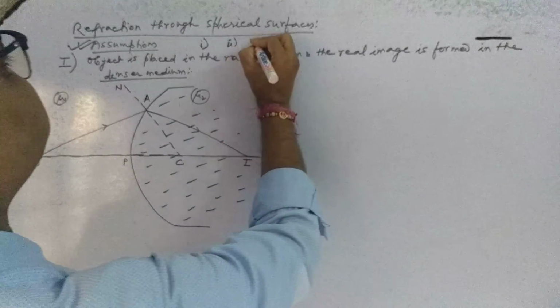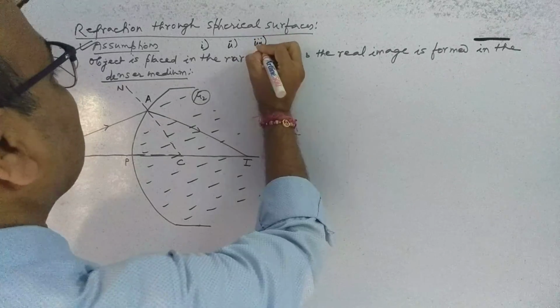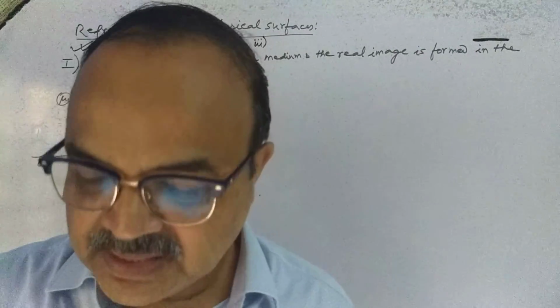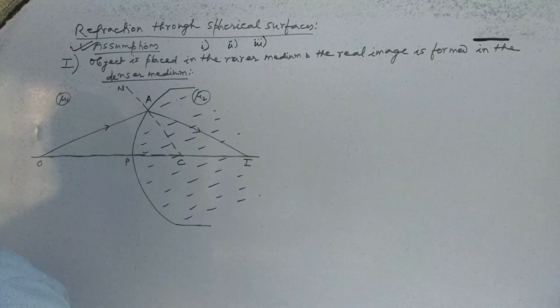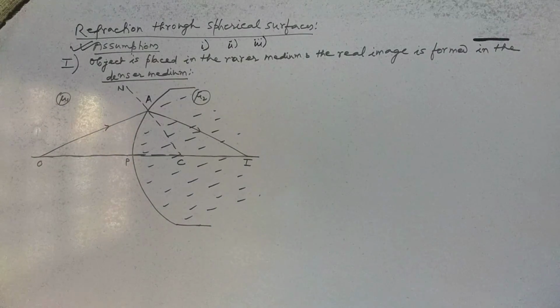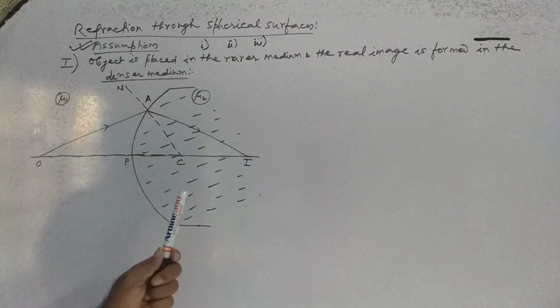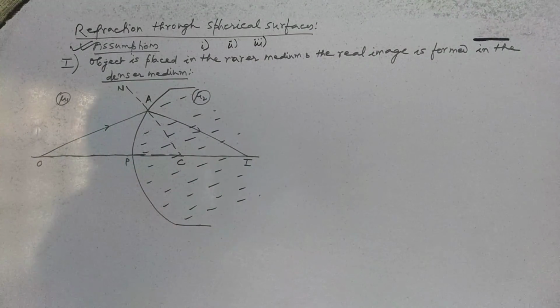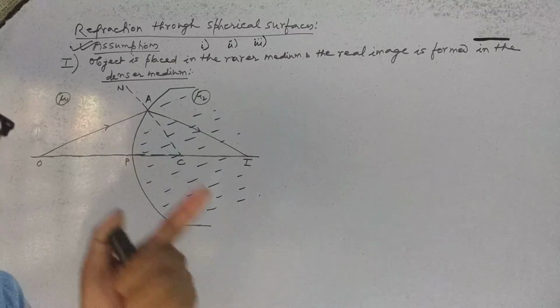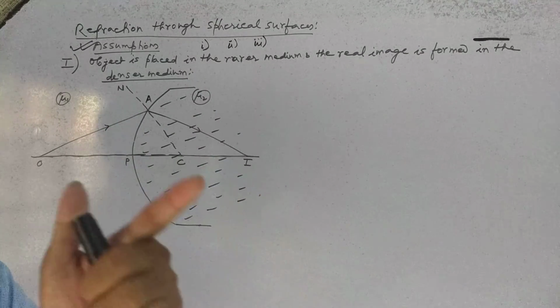And number 3, angles made by the incident ray, refracted ray and the normal with the principal axis are very small.